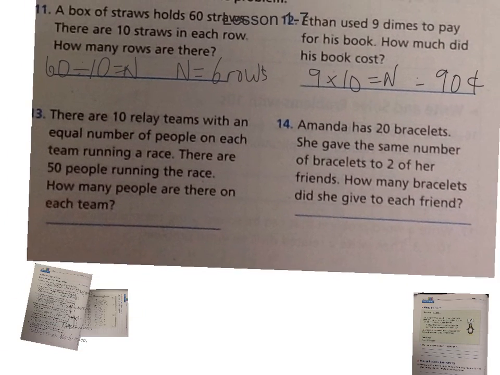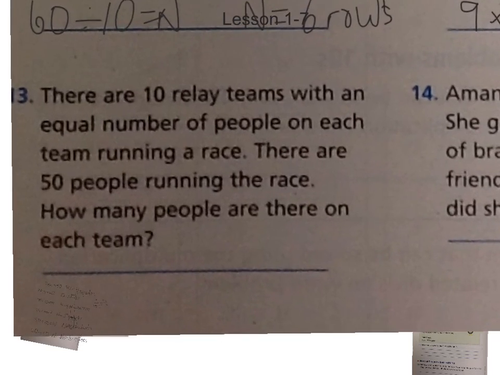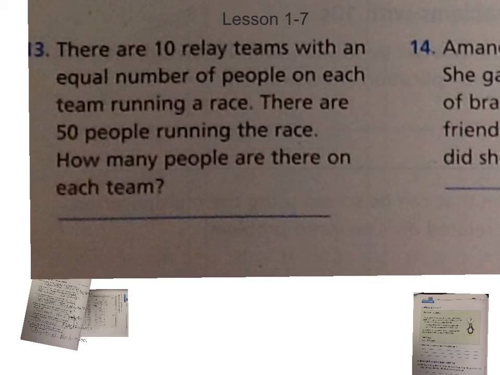I'm going to once again want you to pause, work on 13 and 14 on your own, and then unpause it. All right. So it says there are 10 relay teams with an equal number of people on each team running a race. There are 50 people running the race. How many people are there in each team?